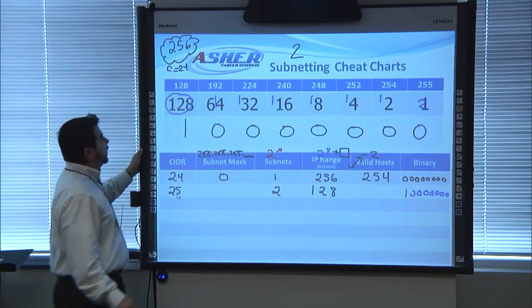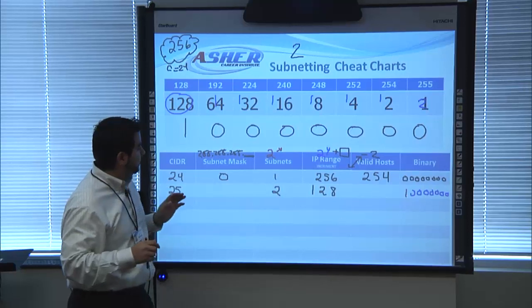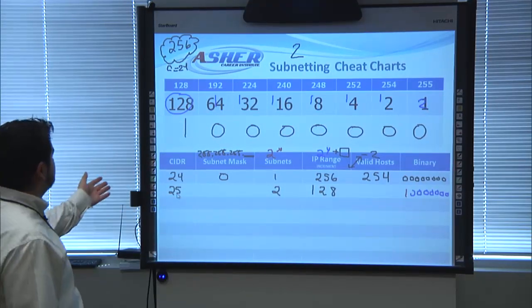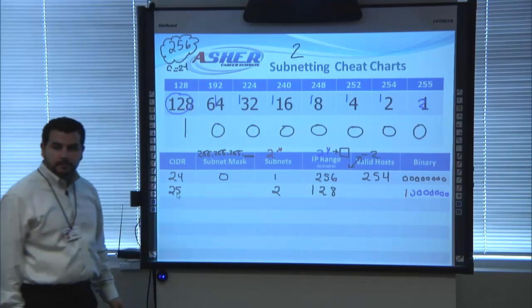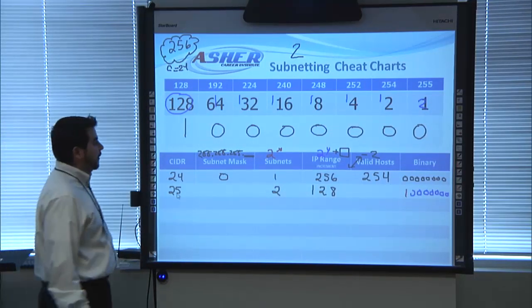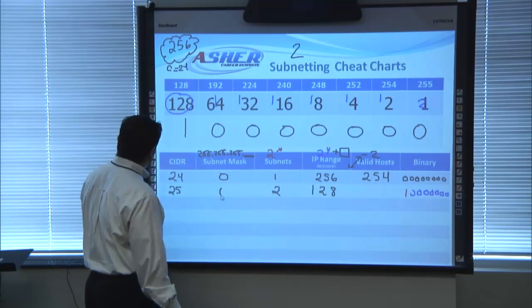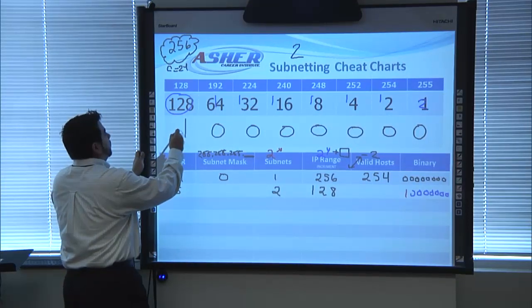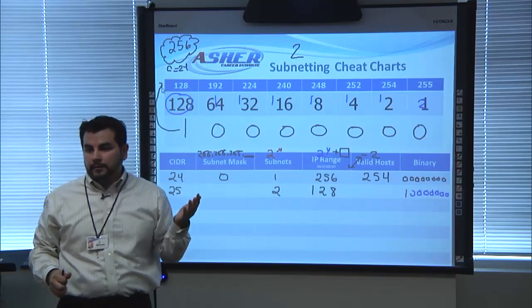All right. So now that we have our 1, 0, 0, 0, 0, let's move on. Which one would you like to do, a subnet mask or the valid host? Subnet mask. To find the subnet mask, you've got to convert this number back into decimal format.